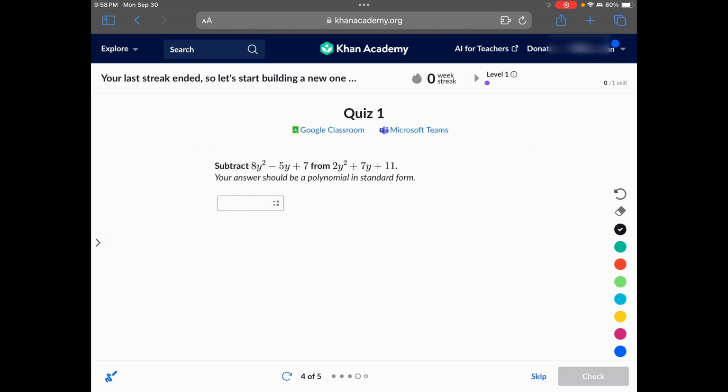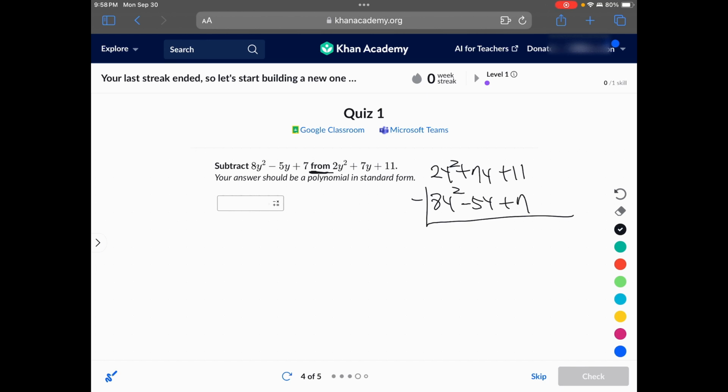Subtract 8y squared minus 5y plus 7 from 2y squared plus 7y plus 11. So it's telling you the word from. If there is a certain word from, it has to be the first place: 2y squared plus 7y plus 11. And you can subtract 8y squared minus 5y plus 7.